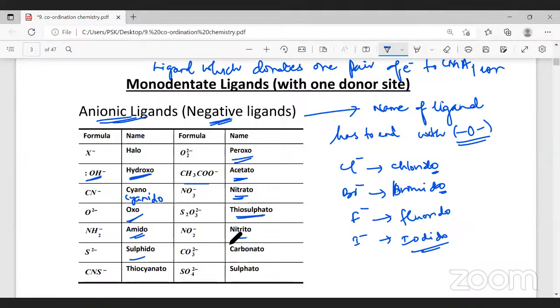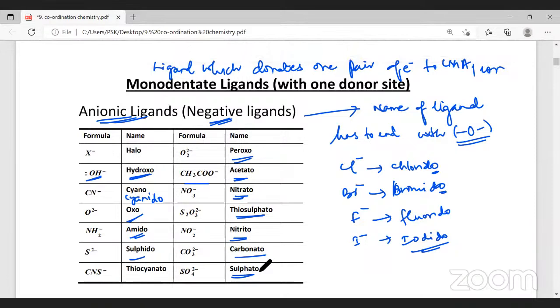NO2 minus is called nitrito. CO3 2 minus is called carbonato, and sulfate, SO4 2 minus, is called sulfato. All these are examples of negatively charged monodentate ligands. Ligands which can donate only one pair of electrons to the central metal atom are called monodentate ligands.